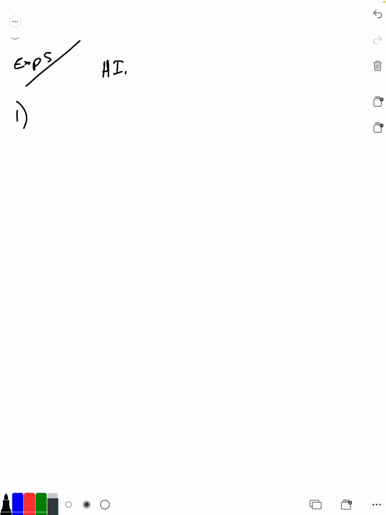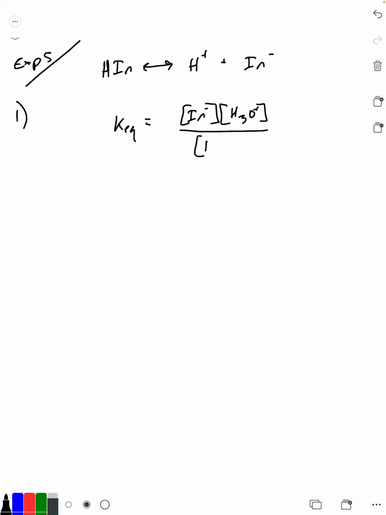In this case, it's the indicator, protonated form and non-protonated form, so KEQ equals indicator, acid concentration, hydronium concentration, over indicator concentration.